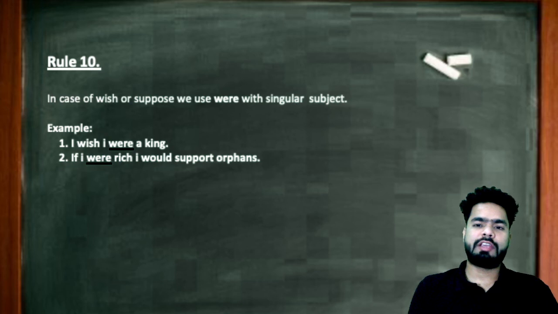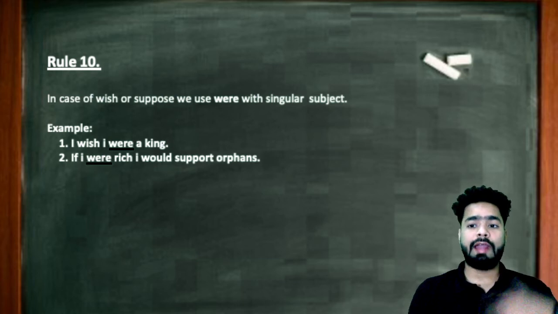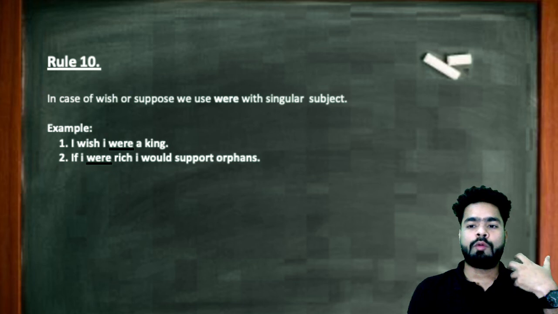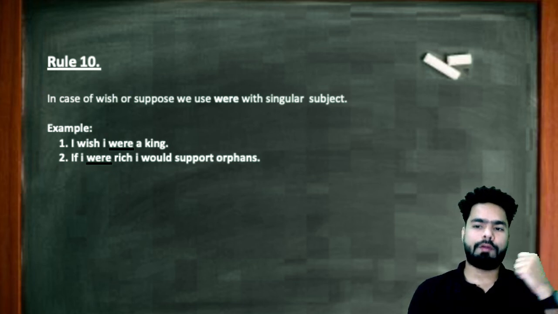This is why I am teaching you this topic, which is very important not only from the exam point of view but from your daily life point of view. We make so many grammatical errors in our daily life that are based on subject verb agreement.